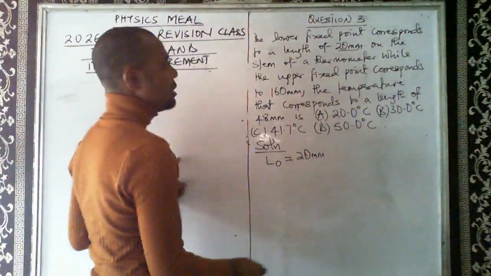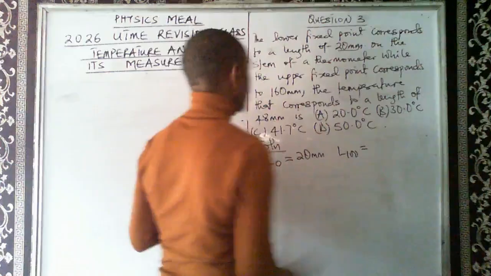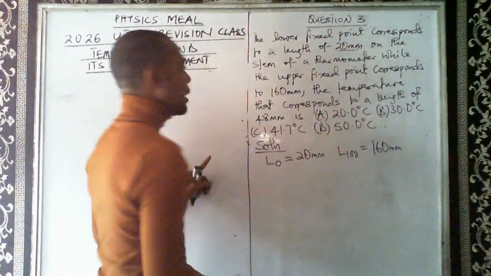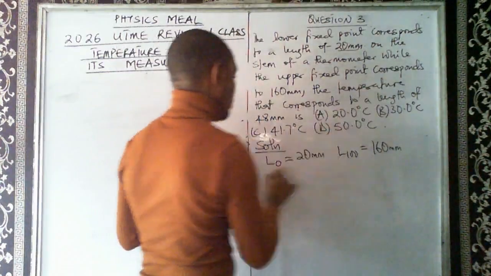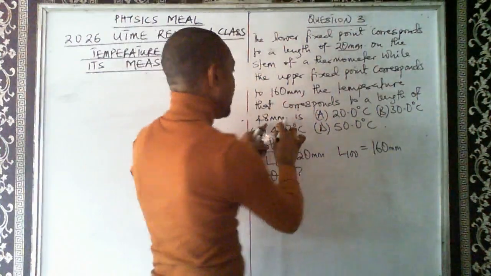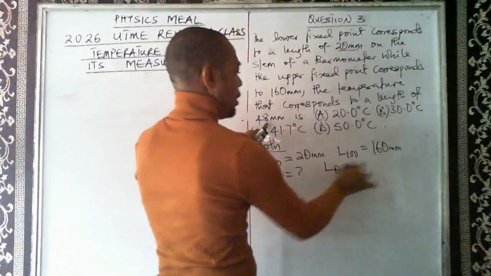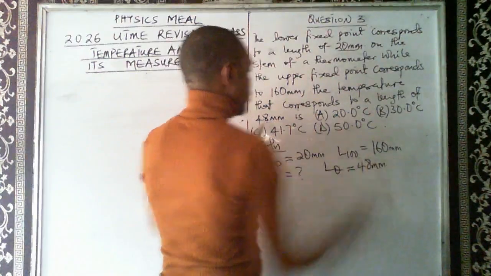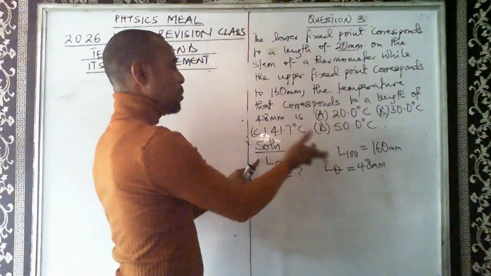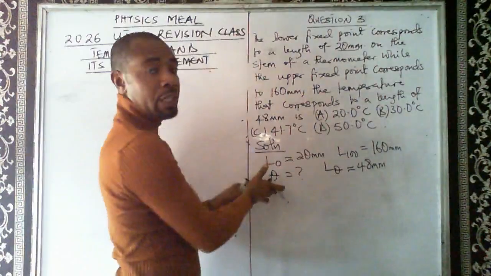And they say the upper fixed point, that's L100, corresponds to 160 millimeter. And the temperature we are looking for is theta, which corresponds to a length of 48 millimeter. So length at theta is 48 millimeter. What temperature theta have we for this length, given the lower fixed point has this length and the upper fixed point has this length?